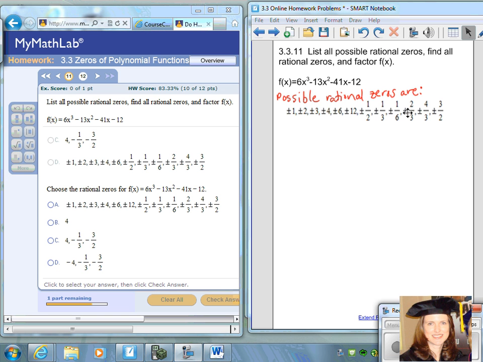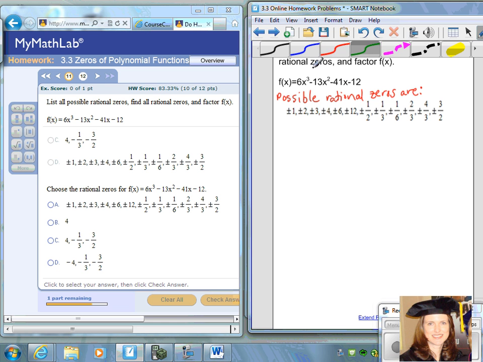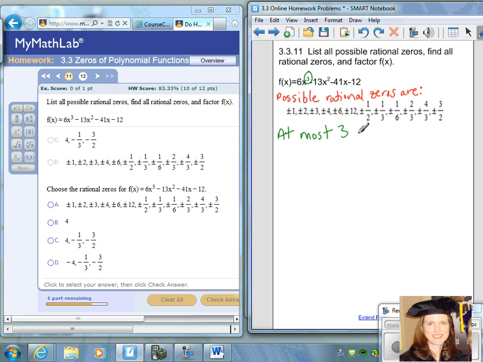We've got quite a long list of possibilities. Now the fact that this is a third degree polynomial means the most that we could have is 3. We can have at most 3 rational zeros. And again, out of this whole list, at most we can have 3 of them that are zeros.